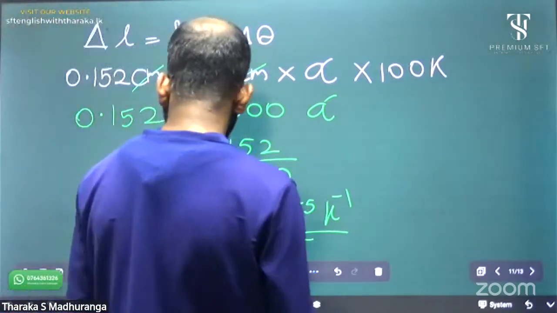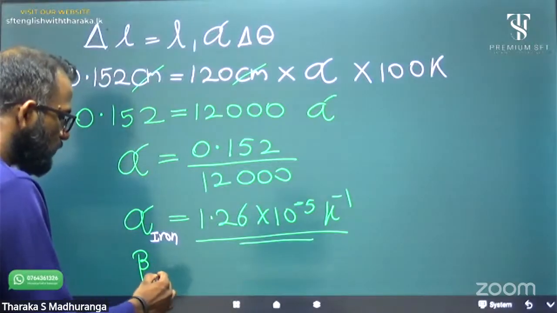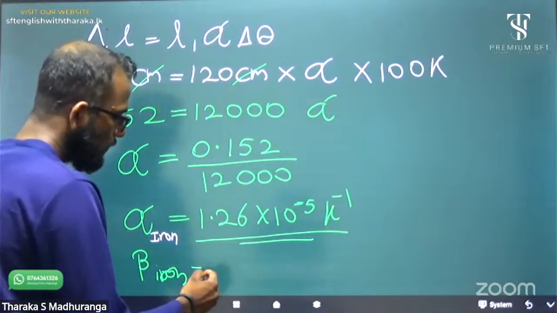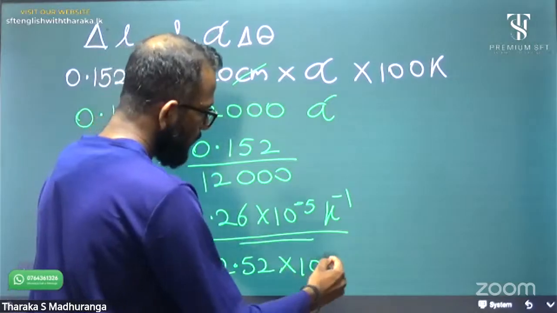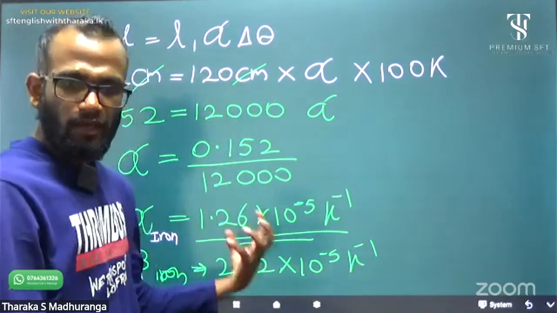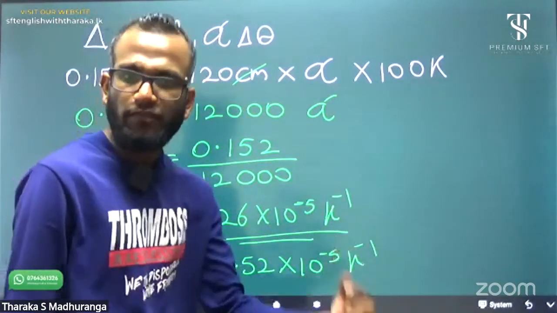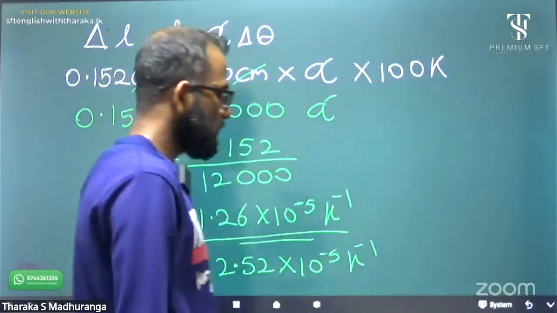Beta of iron is 2.52 into 10 to the power minus 5. Any substance's beta value is 2 times the alpha value. Understood? Okay, clear.